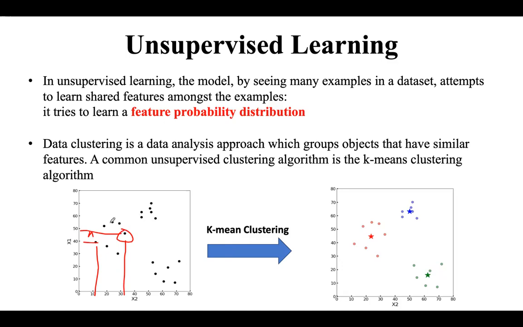You give the computer just some features, and then by applying a clustering or unsupervised algorithm, you end up having them in groups. For example, this section here belongs to one group, this section belongs to the second group, and this one belongs to the third group.